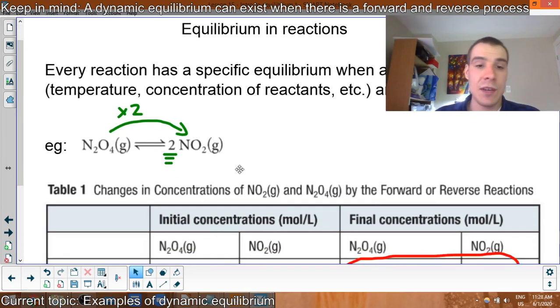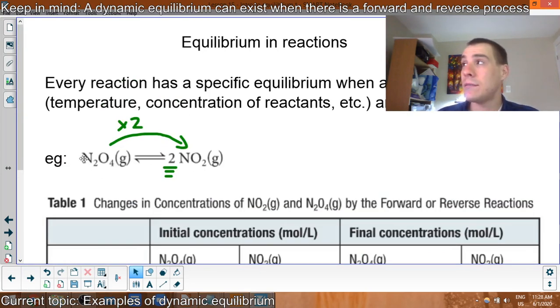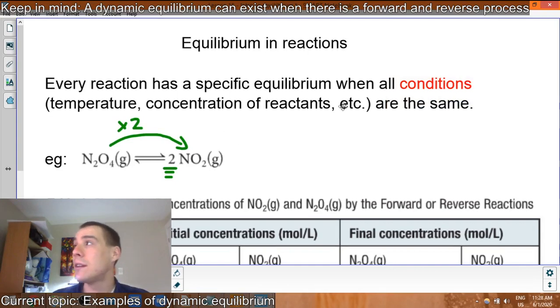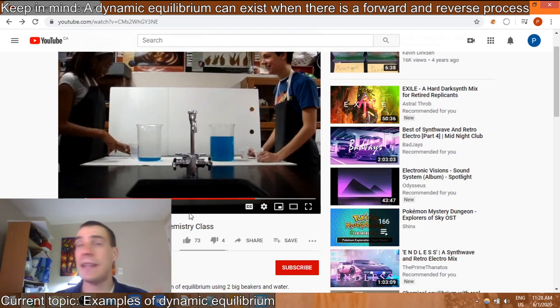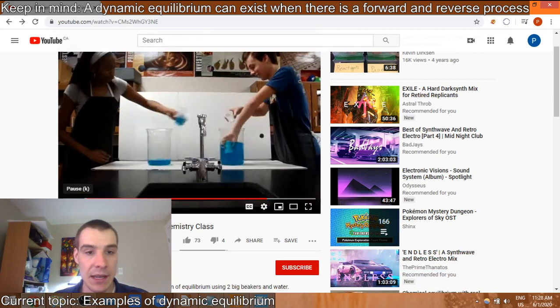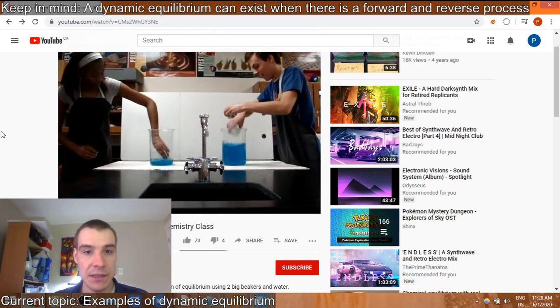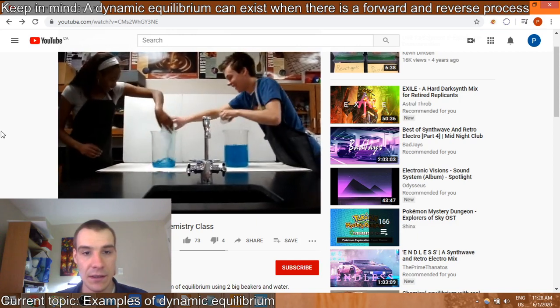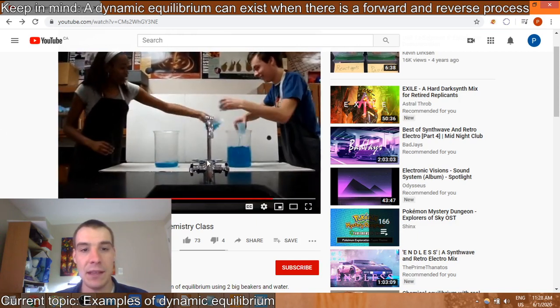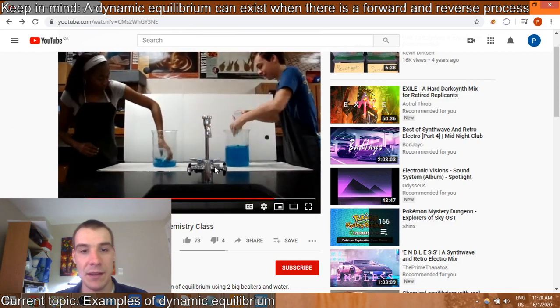And in terms of concentration, N2O4 becomes 2NO2. Every one of these becomes two of these. There's a certain time here where you get that dynamic equilibrium. Right? Now they're going to do their forward and reverse processes, but the relative amounts are going to stay the same.